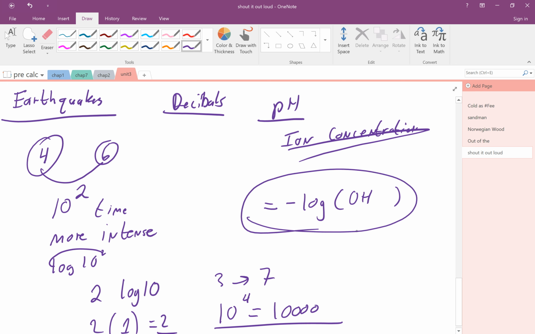I think in the book it gives a couple of examples of hydrogen ion concentration. Let's take a look here and see.